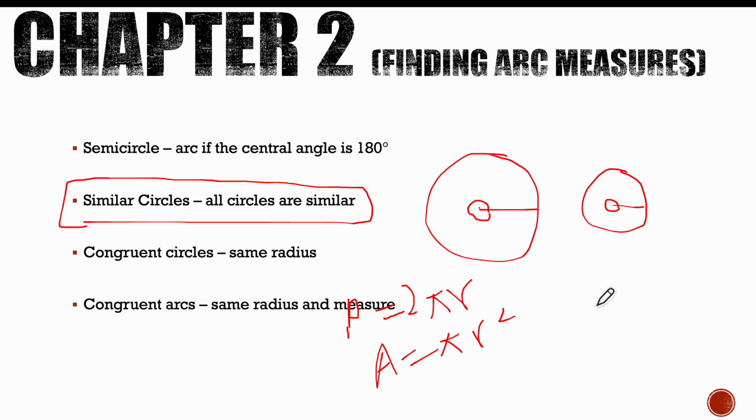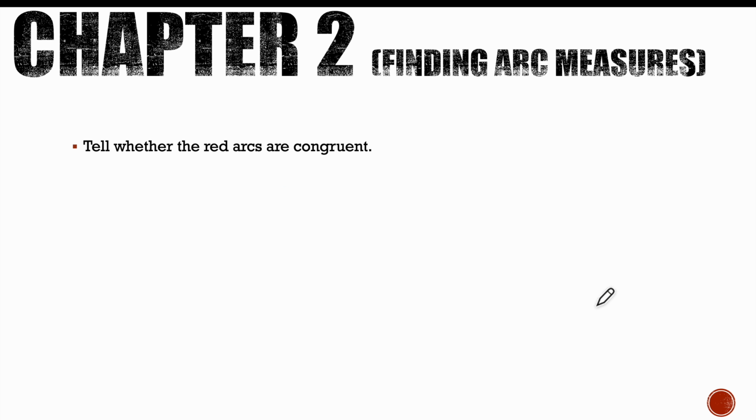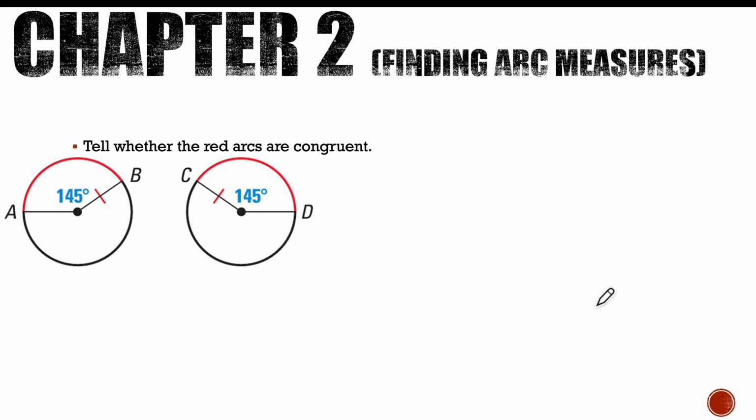Congruent arcs. If there is a circle or more than one circle, and the radius is the same and the measure of the arc is the same, they are congruent arcs. So here we have to say whether these arcs are congruent or not. Yes, they are congruent. Why?